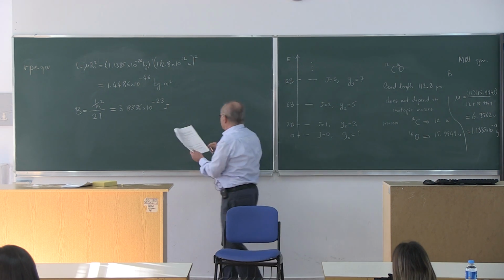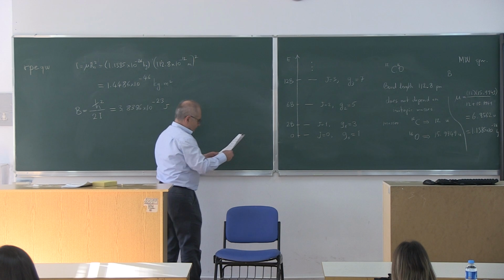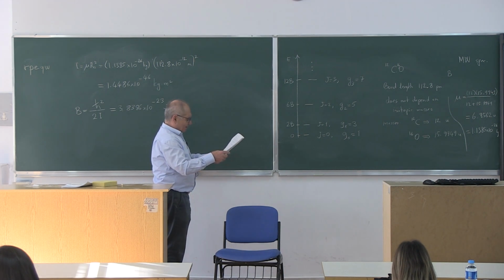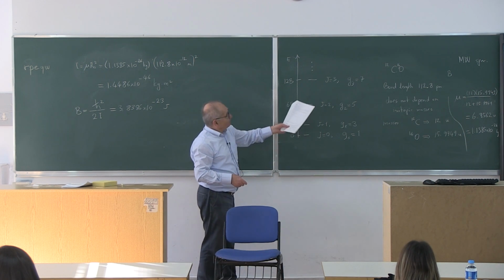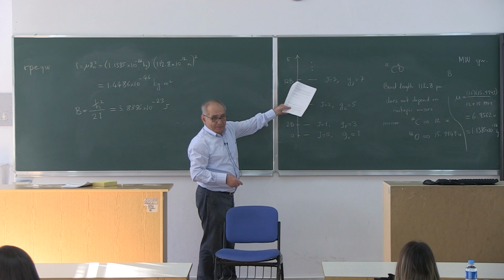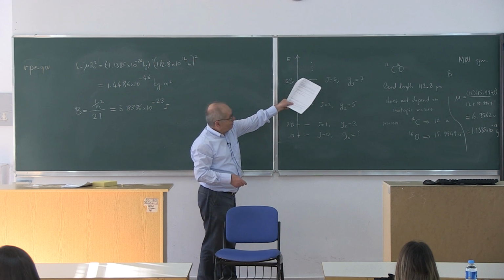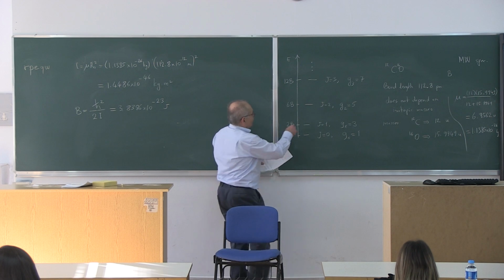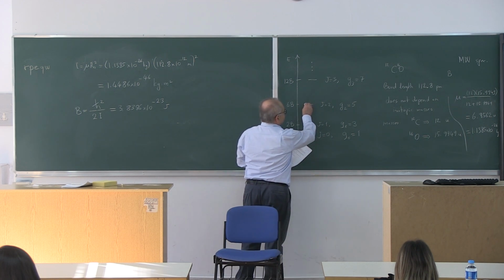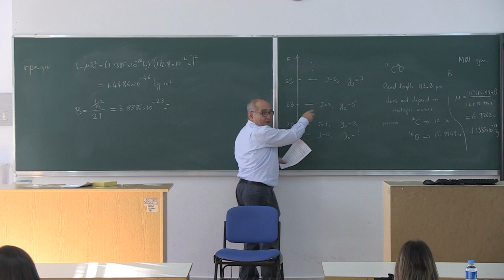Now, let us directly apply this for continuing the application. Suppose that there is a carbon monoxide molecule. One of those carbon monoxide molecules is initially in the J equals 2 state. Initial state.